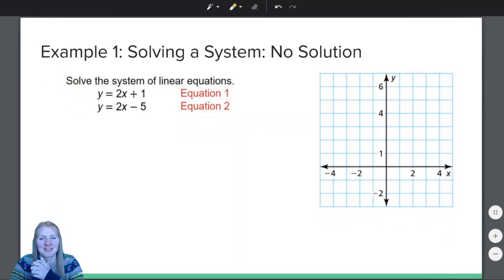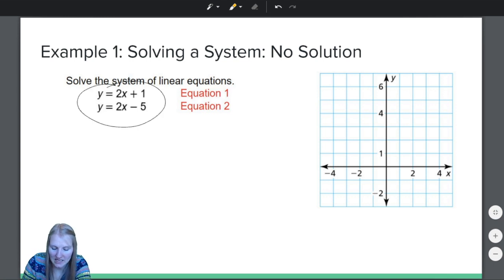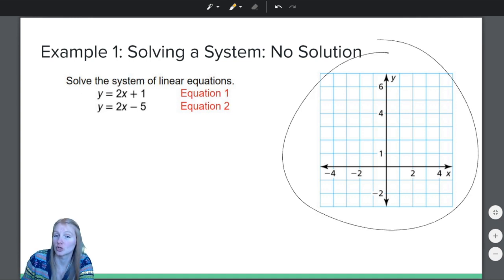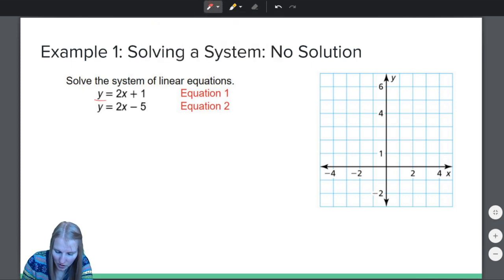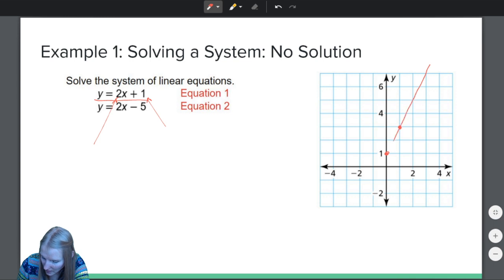So first, because these are already in y equals mx plus b form, let's graph these and see how many solutions they have. So if I graph equation number 1, the y-intercept is 1 and the slope is 2. So I go up 2 over 1, and here is my line for equation number 1.